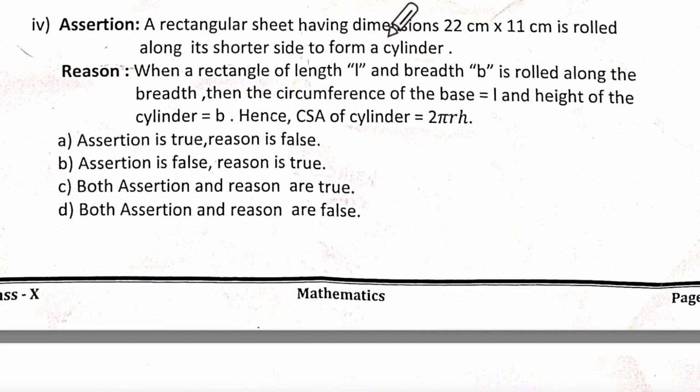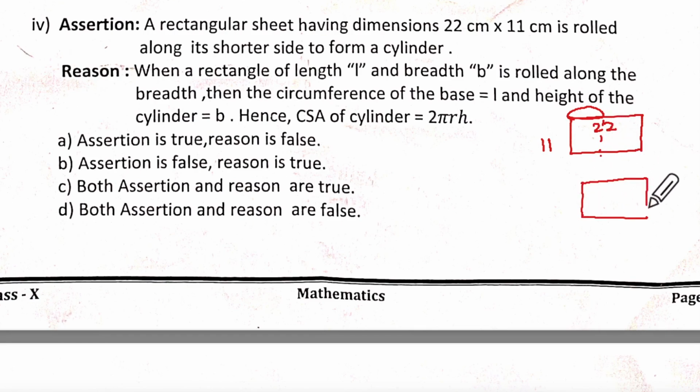Assertion: a rectangular sheet having dimensions 22 by 11, so 22 by 11, this can be a little confusing to some of you, is rolled along its shorter side to form a cylinder. Now if it's rolled along the shorter side, means I'm going to make it like this, or am I going to make it like this?